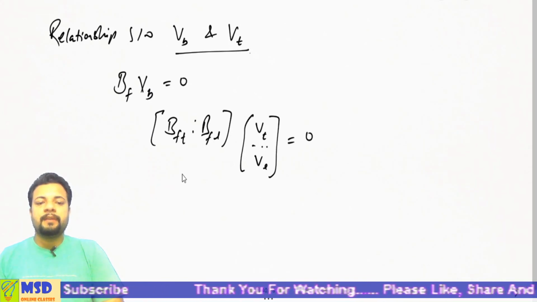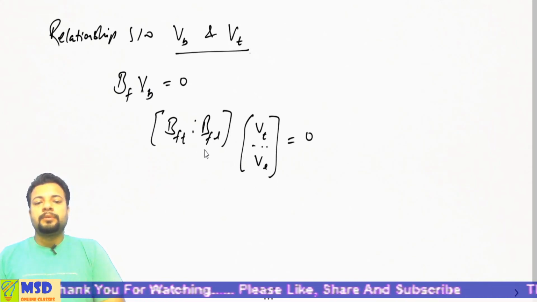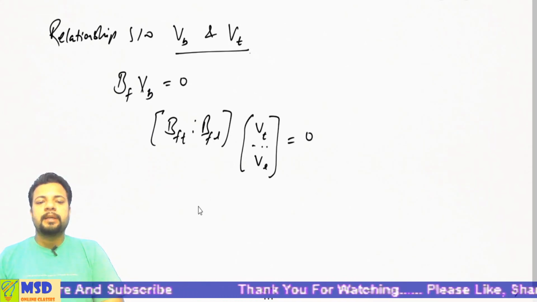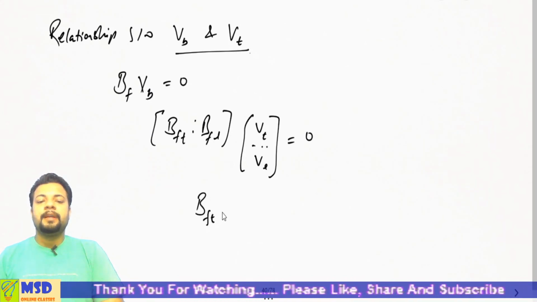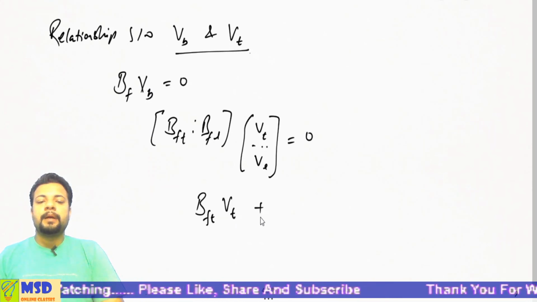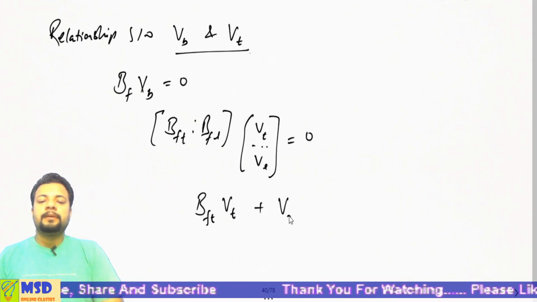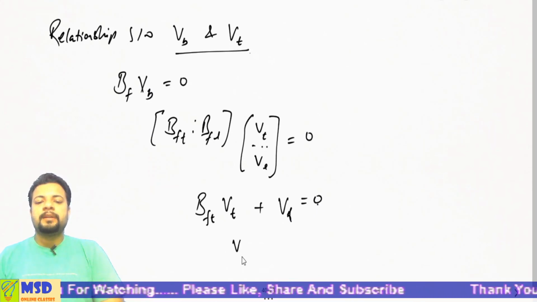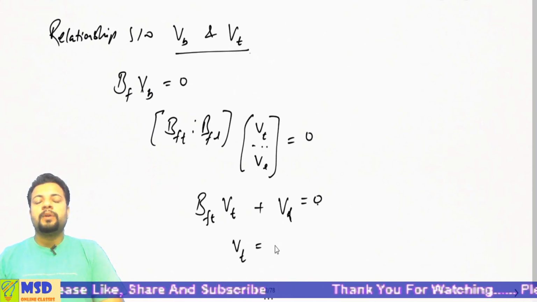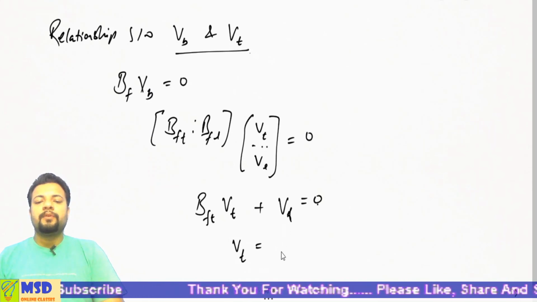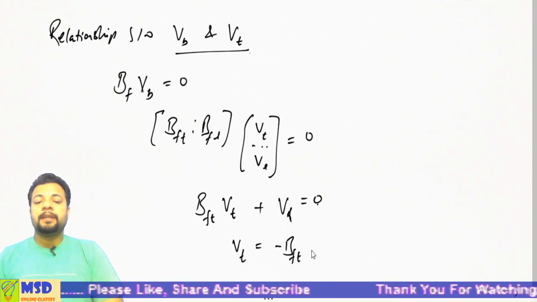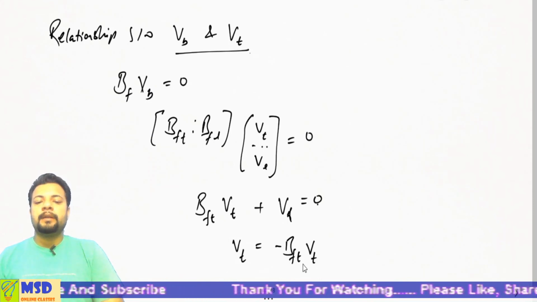This is as per KVL. We also know that BFL is an identity matrix. So I can write it as BFT VT plus VL is equal to 0. So we have a relationship between the twig voltage vector and the link voltage vector: VL is equal to minus BFT into VT.